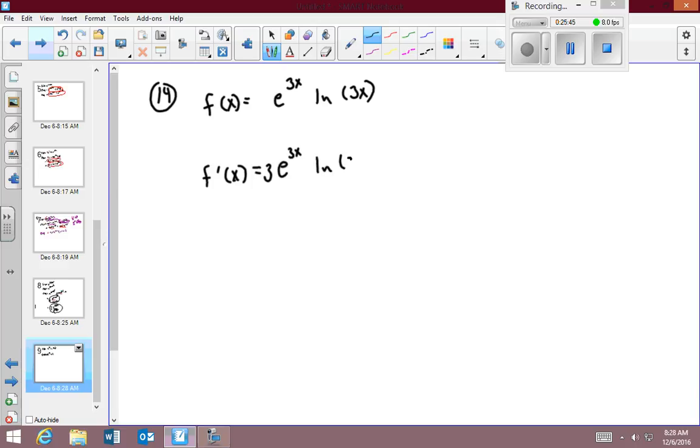And then it's ln of 3x, plus the first term, and then the derivative of the second, so that's 1 over 3x, and then times the derivative of the argument. So then if we took a common factor out, we'd have 3e to the 3x, then ln of 3x.